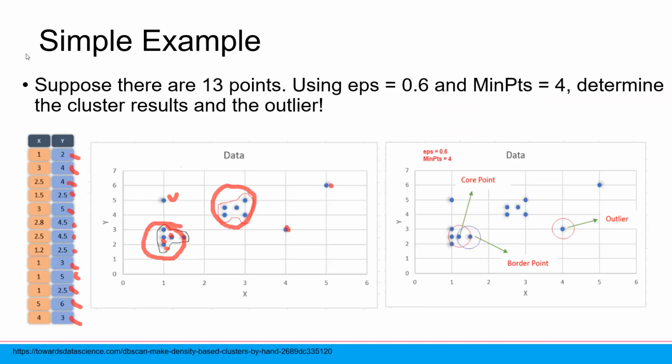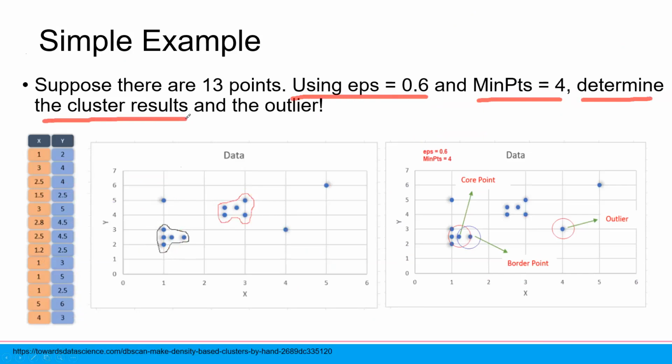But when you calculate it, you need to set the parameters. Now let's assume that I have EPS 0.6, and the minimum points is 4. What we need to do is to determine the cluster results and the outliers.